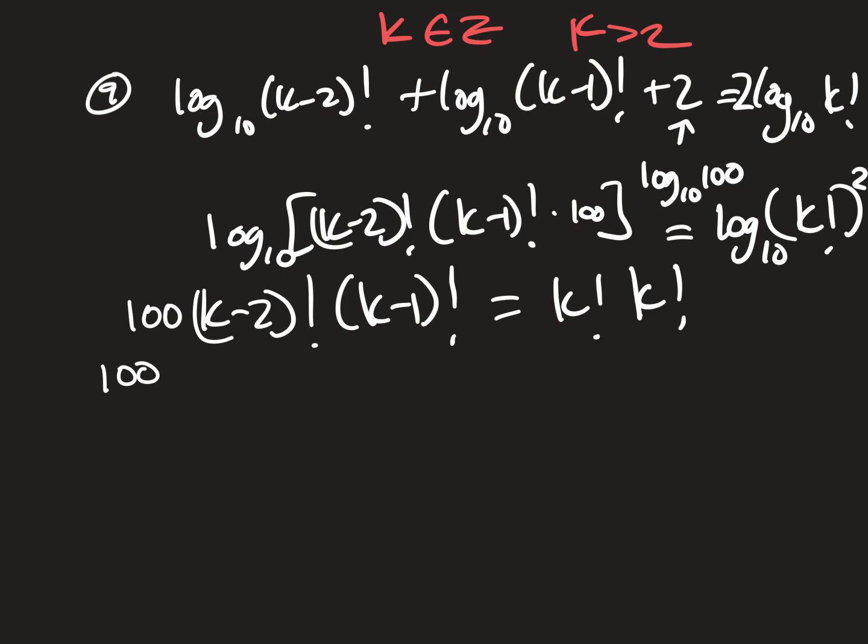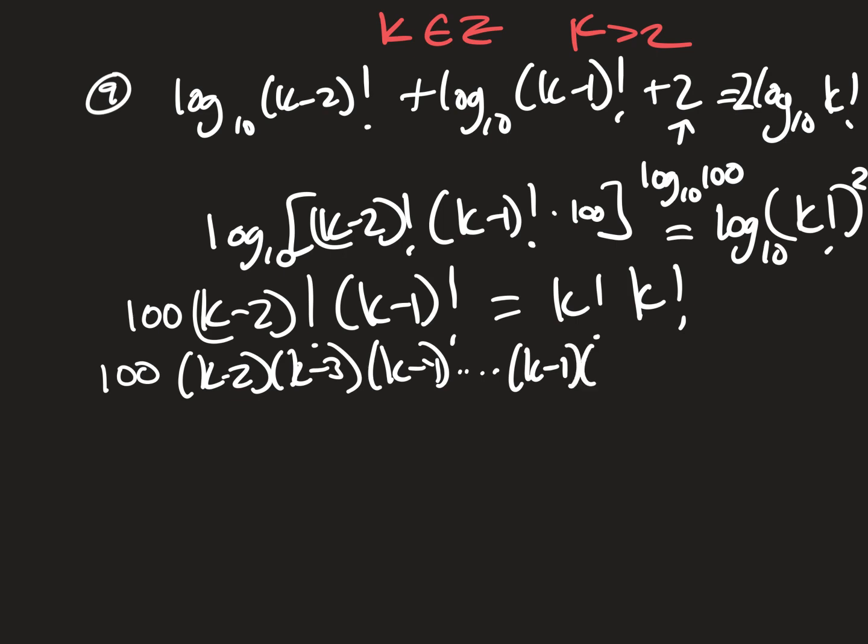You keep on subtracting. So if it's 10 factorial, it's 10 times 9 times 8, so you keep subtracting 1. So (k minus 2) factorial would be k minus 2, k minus 3, k minus 4, and so on. And that gets multiplied by (k minus 1) factorial, which is k minus 1, k minus 2, k minus 3, k minus 4, and so on.